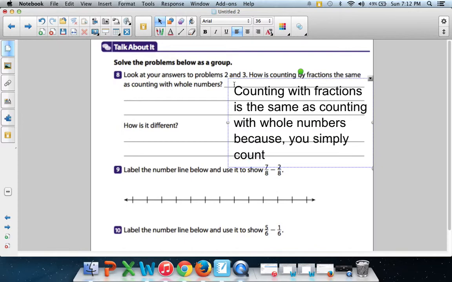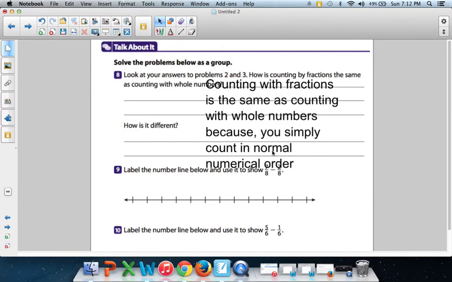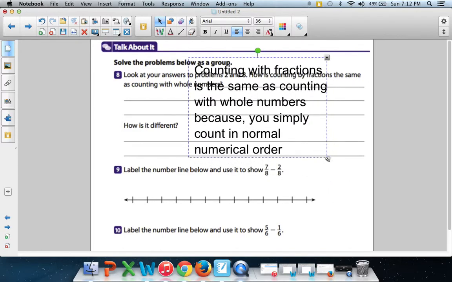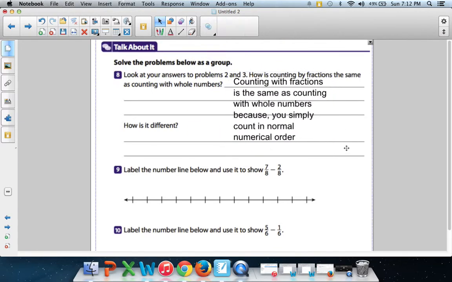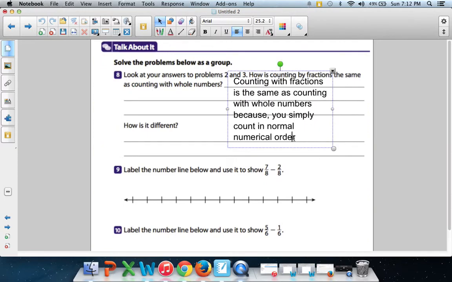Counting with fractions is the same as counting with whole numbers because you simply count in normal numerical order. 1, 2, 3, 4, 5, 6, 7, and so on. You just count the numbers. How is it different? That's a much more interesting question.